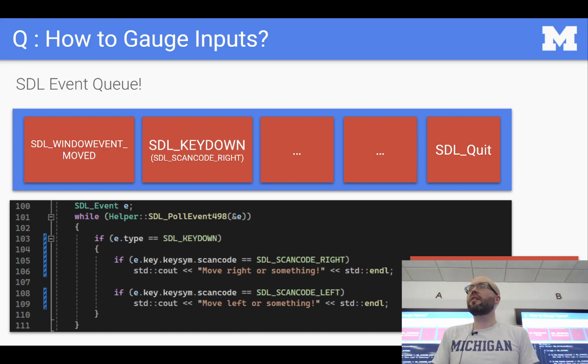I think there are some other questions that might be kind of tricky, right? So here's a good one. How to check that these events are happening from a different file? Let's say that you've got your little event queue going on, but you've got 10 different places in your code base that want to know if the spacebar was pressed right now.